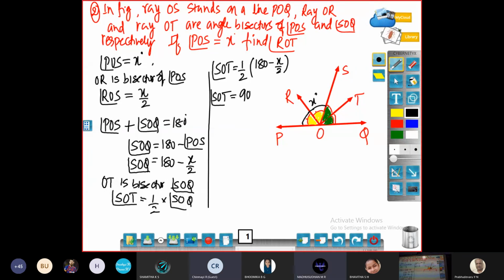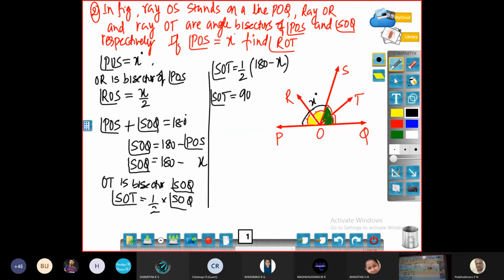Angle POS is x, so you mention it as x. Is it okay now?